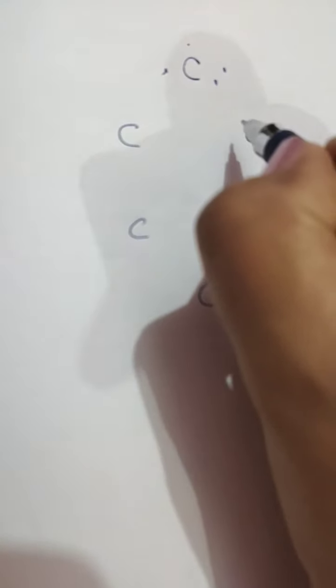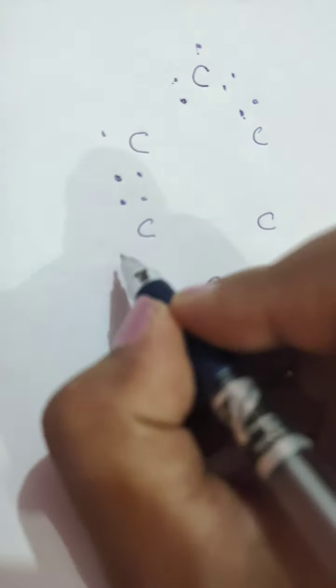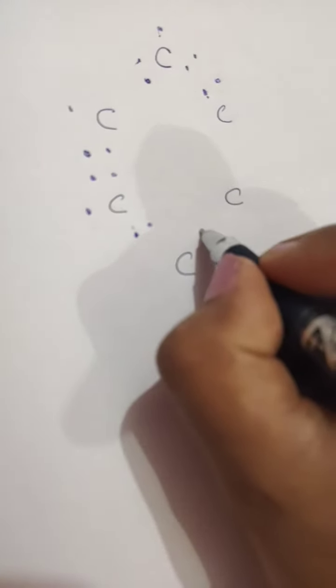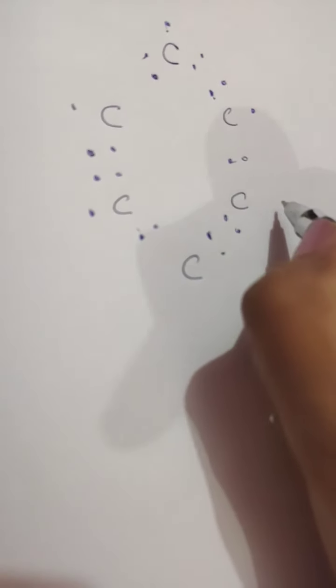In this, one carbon atom and the other carbon atom share 2 electrons, so here are 2 and only 1 is left, so 1 with this, and again 2 here and 2 here, and then here only 1 will be left and 1 here. Okay, so this is how it will form.